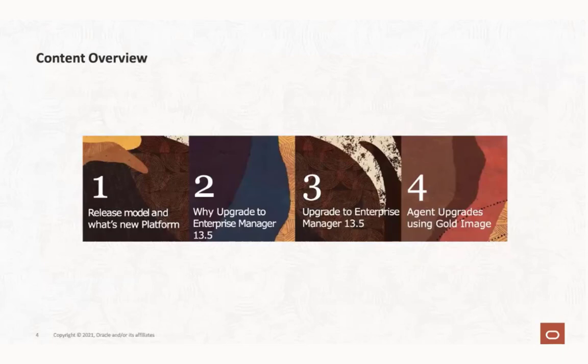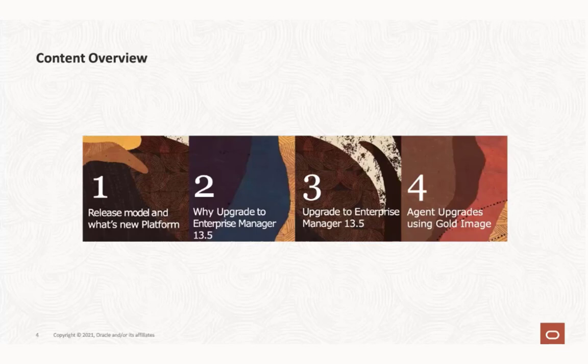As part of the content overview, this entire session is covered with 4 main items. One is that we are going to talk about the release model and then what's new in the platform area. Then we'll move to the upgrade part, like why you should upgrade to 13.5. Then what are the different strategies and methods that we have for you to do a painless and predictable upgrade.